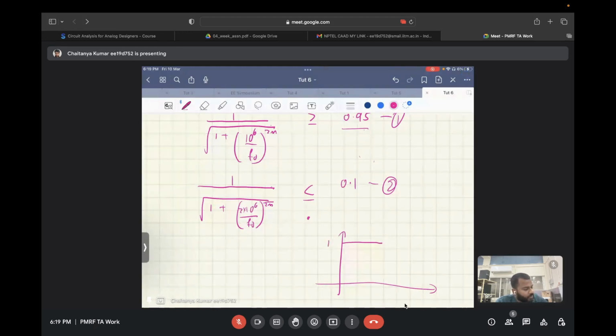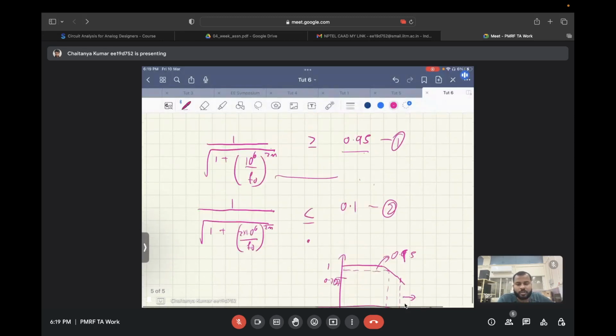So what happens if f naught moves further? Will our first equation still be valid or not?